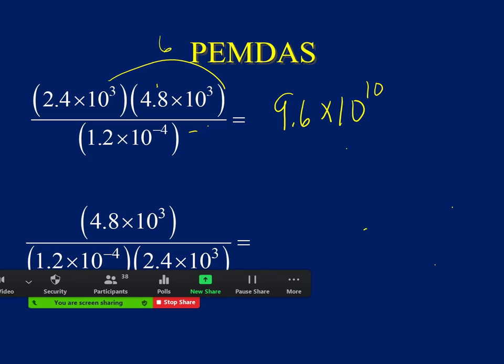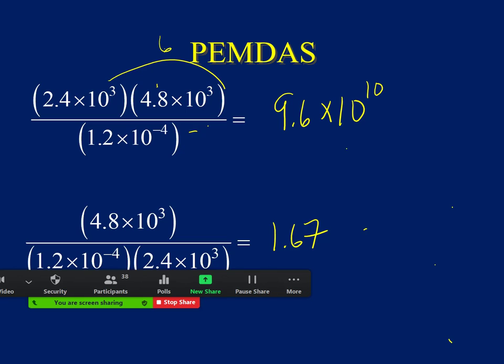It's not that the calculator gave me the wrong answer. 4.8 EE3 divided by 1.2 EE negative 4 divided by 2.4 EE3 equals. Again, I get a screen full of numbers. I want at least 2 decimal places on your answers. So I'm going to round it to 1.67.